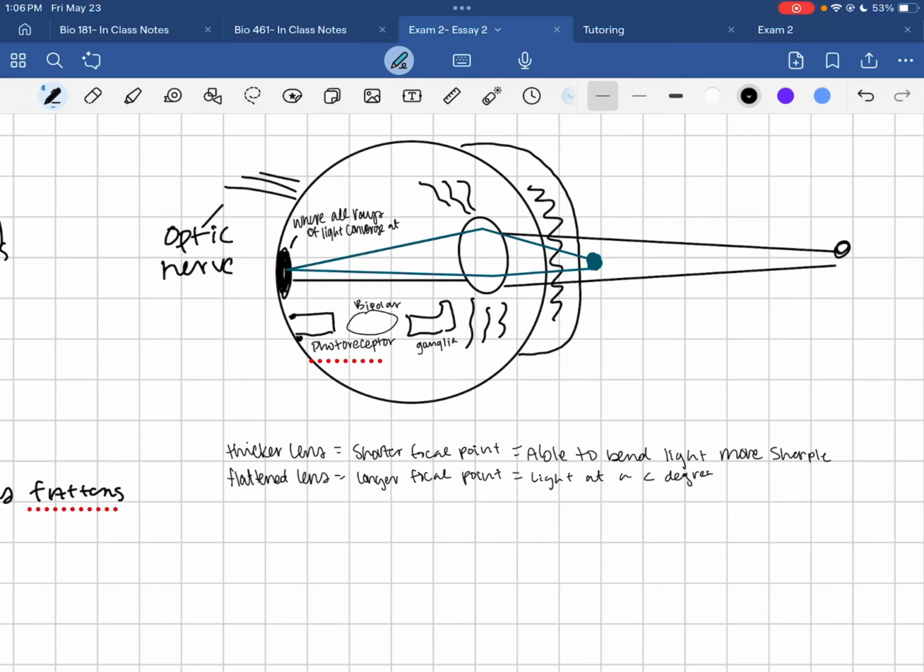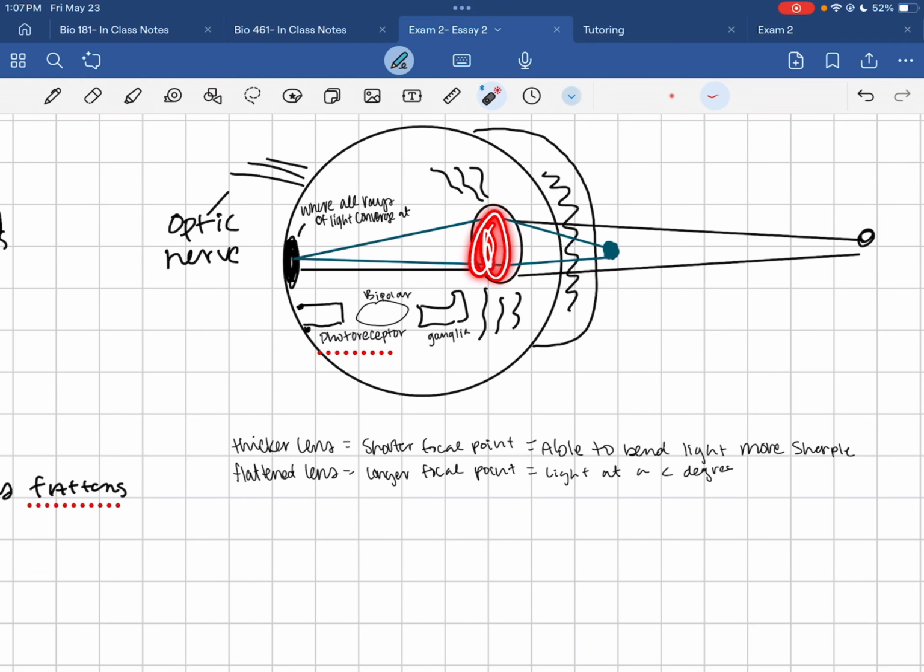There is a process in close vision that we have to take into account: one, accommodation, where the lens has to thicken in order for light to be able to shine through, and then this is where we converge.